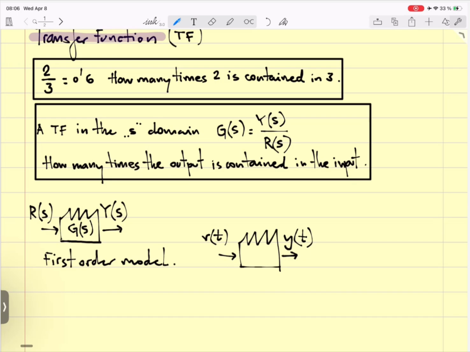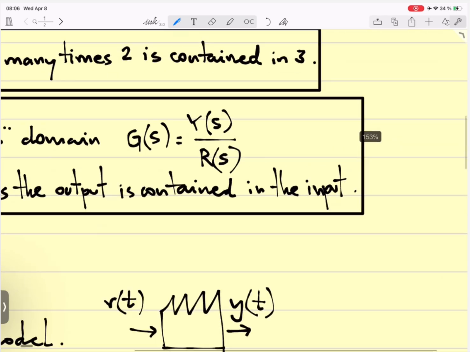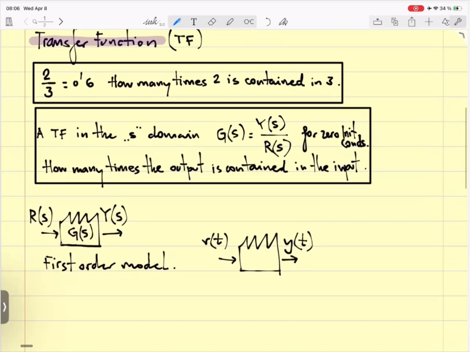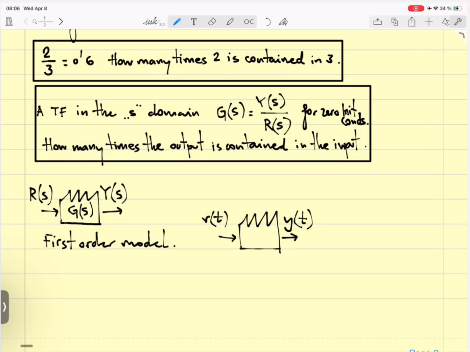Okay, and we are going to say our factory behaves in a first order manner. Oh no, I forgot to say that this is only true for 0 initial conditions. Okay, this is important for math, but this is the usual case in the engineering system.